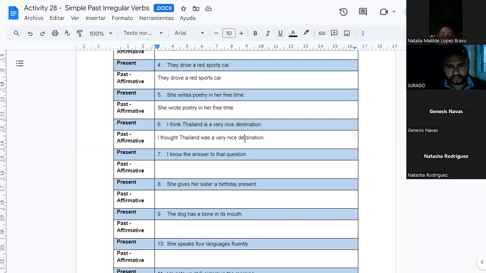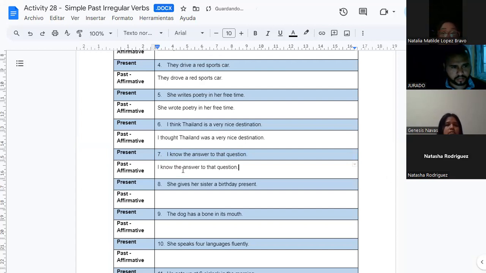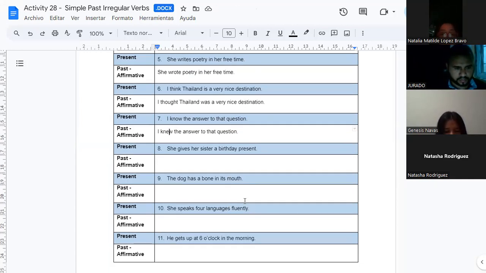Good. Natalia, number 7, please. I know the answer to that question. I knew the answer to the question. To that question. Exactly. I knew the answer to that question. Haida, number 8. She gives her sister a birthday present.